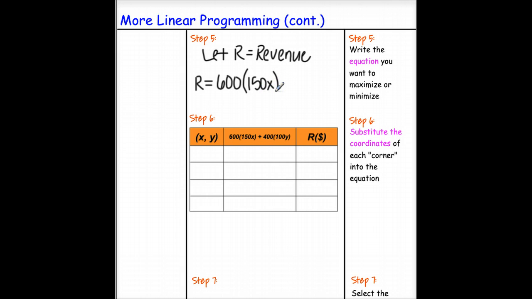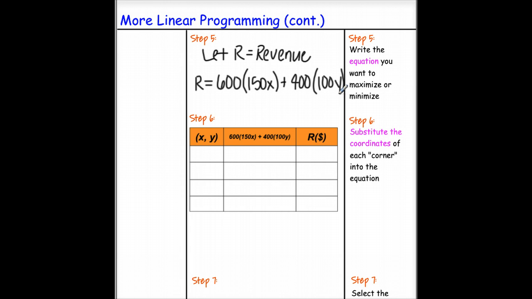So we have 150x times 600, plus the $400 for the two-stop flight, and each flight carries 100 passengers, so at $400 a pop, we're going to have basically $40,000 times that number of flights.